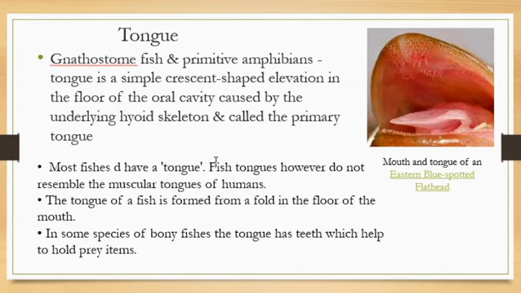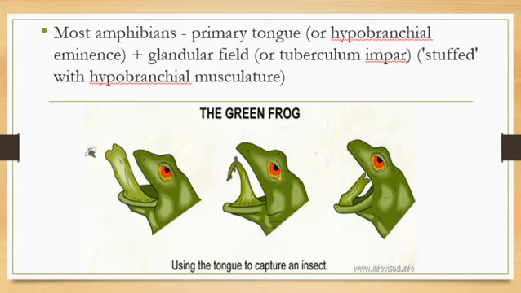But in fishes, the tongue is formed as only a tiny fold. So in amphibians, especially the anuran group, the tongue is very essential. But in some groups like Apoda and Urodela, they don't have this kind of tongue as we have found in the anurans.